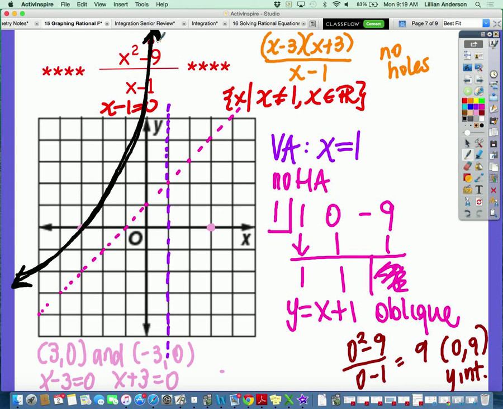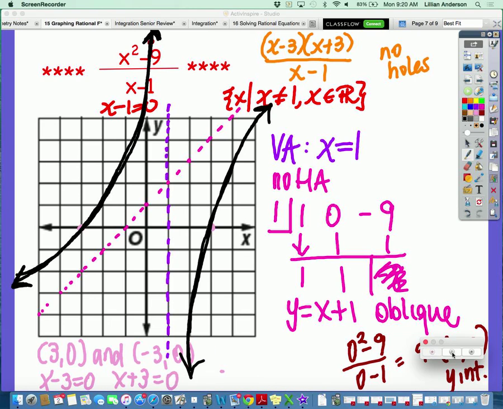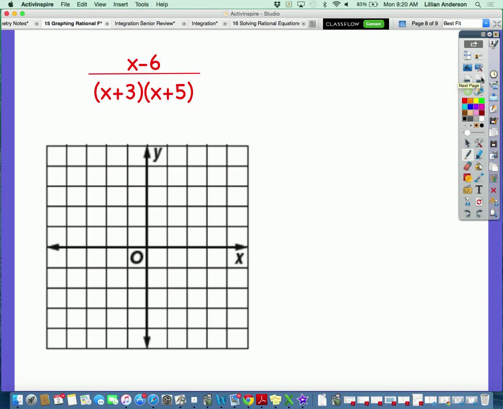And the other one is going to cross through that other x-intercept at 3, 0. You get really close to the oblique asymptote and to the vertical asymptote. Okay?